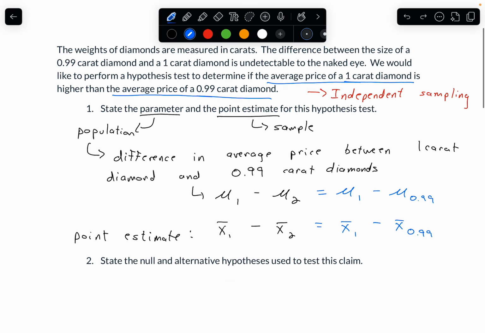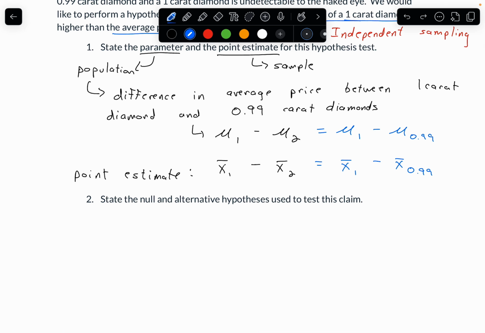One thing that we are going to see different here, though, is a difference in the null and alternative hypothesis. So just like before, in every other hypothesis testing problem that we've looked at, we're going to talk about H0 and we're going to talk about HA.